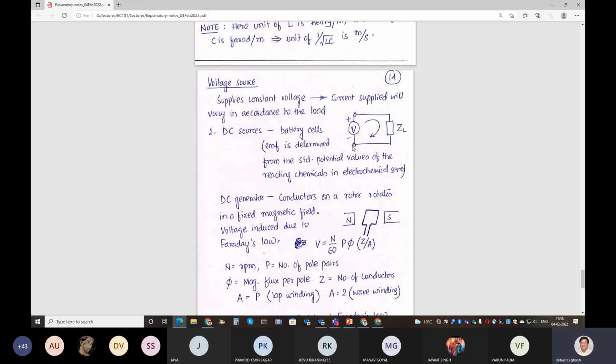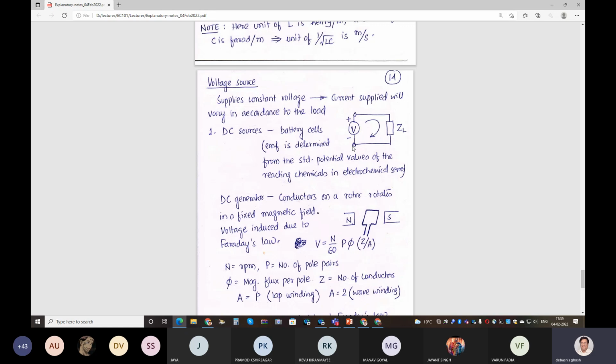And that difference is basically because, practically, there will be some resistance inside the battery, offered by the chemicals and all these things. Even the contact, where you make the contacts, will also offer some slight resistance.